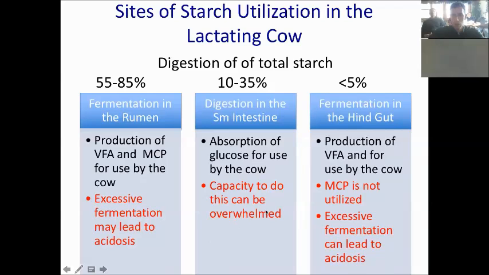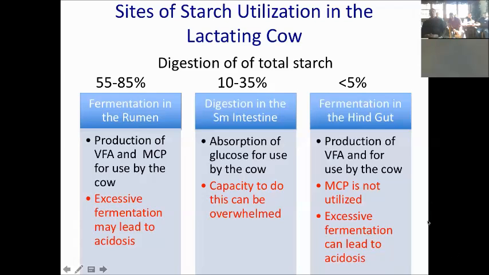In the small intestine, any starch that is accessible by the cow's amylase enzymes would be absorbed directly as glucose and used by the cow, again going to lactose, driving milk production. But there is a limit to the capacity of the small intestine to digest all of the starch that gets there, if in fact too much gets there. And so that's the pros and the cons there.